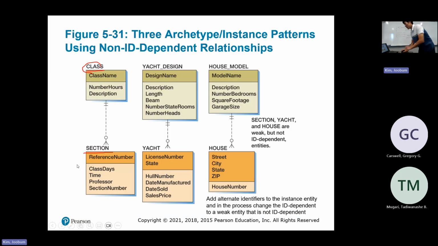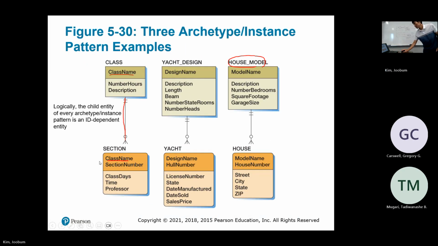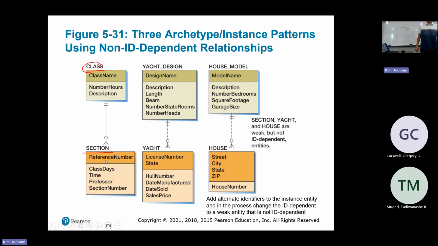So we change the class name and section number to a reference number, the CRN number. In this case, the class name is not used in the section entity.